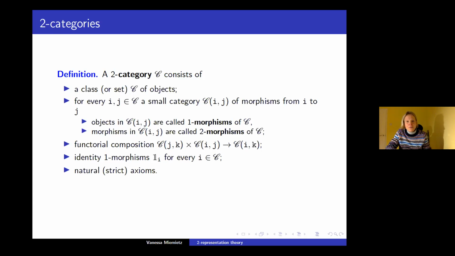If I say, well, rather than wanting strict associativity and strict identities, if I just ask for some isomorphisms or just some morphisms, then I get a bicategory. So I will mainly talk about 2-categories, but everything I'm going to say will work the same for bicategories. It's just you have to carry a lot more notation around, so I'm just avoiding it.